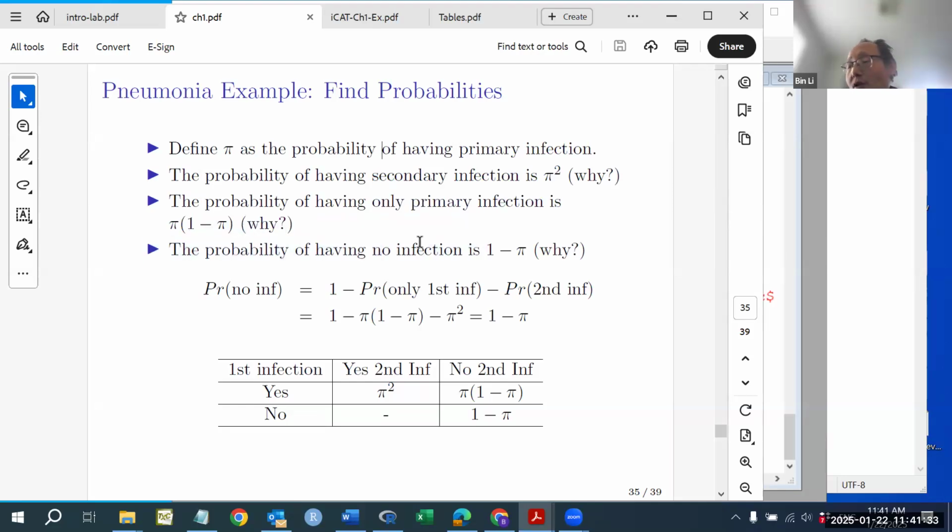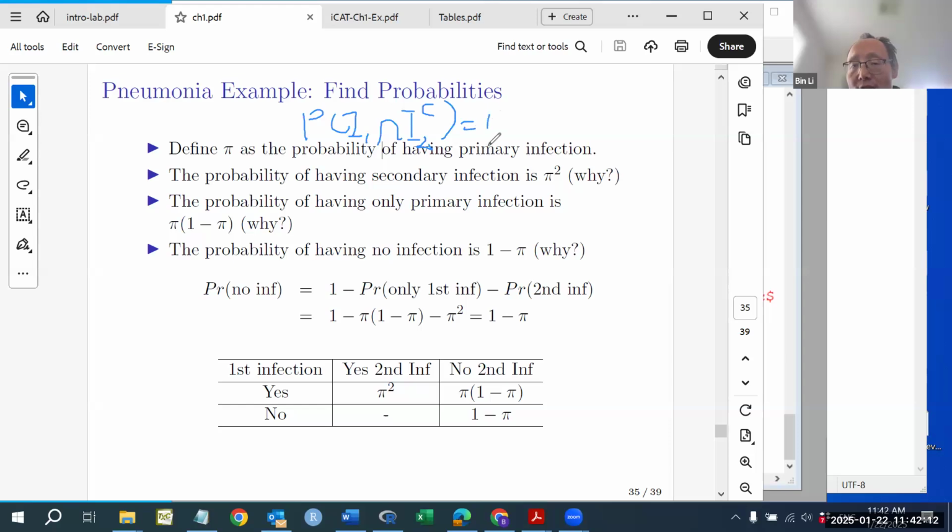That's also very obvious, because having the first infection but not the second means the probability of having I1 but the complement of I2, that is, no infection the second time.